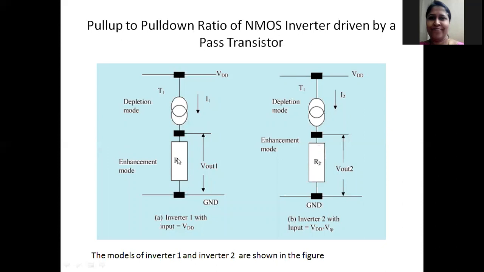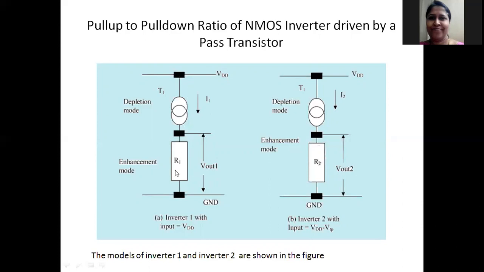The resistance of the enhancement device is represented as R1 and the current that flows through this current source is represented by I1 and the voltage at the output is I1 into R1, that is equal to V output 1. So we will try to find out what is I1, saturation current of the depletion device.